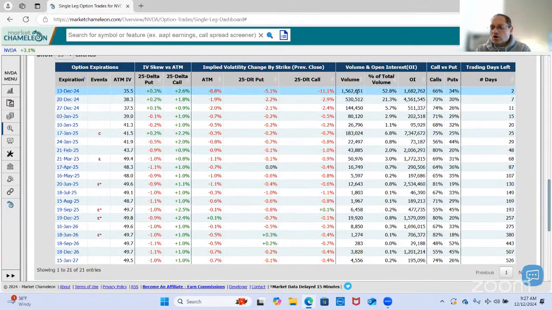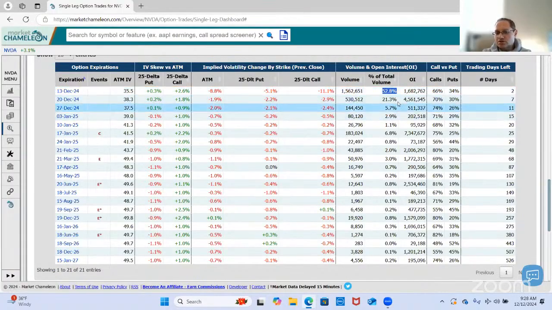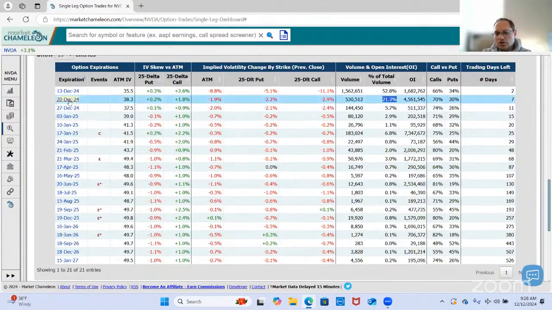That's looking at the raw data. If we wanted to see what percentage of the total volume each expiration represented, here we could see that 52% of all the single leg trades were in the December 13th expiration, 21% were in December 20th.